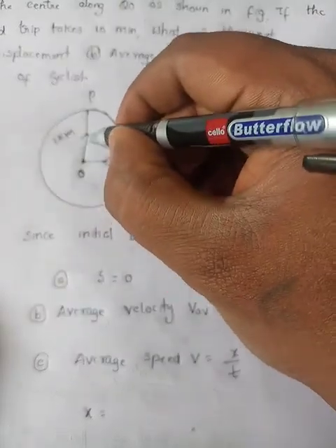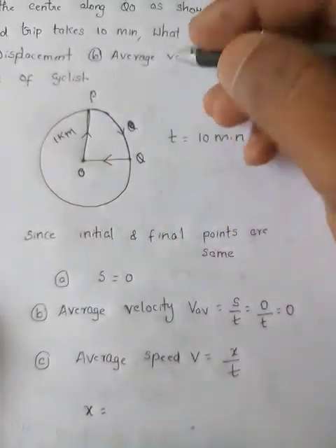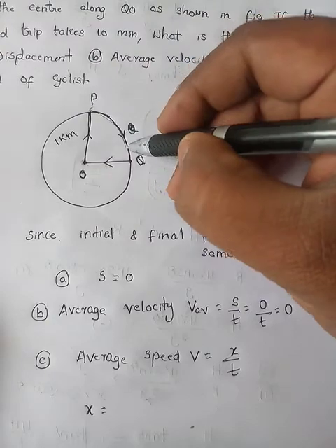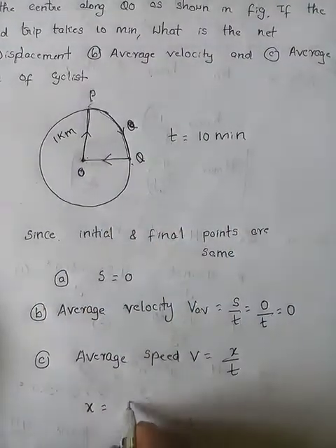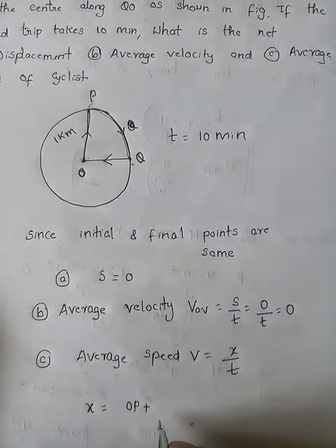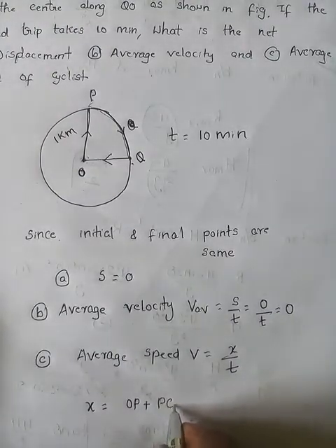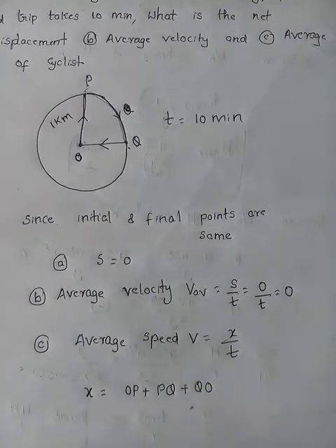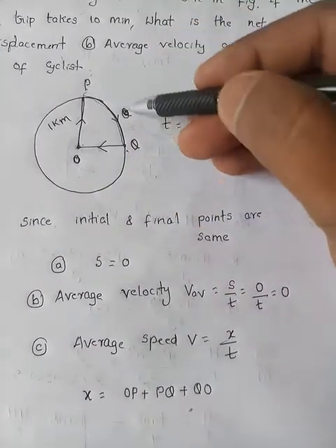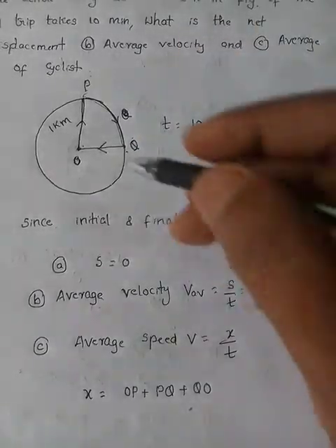He started from O and reaches point P, then travels along the circumference of the circle PQ and again reaches from Q to O. So, we can write the distance as X is equal to OP plus PQ plus QO. Is it right? What is OP?